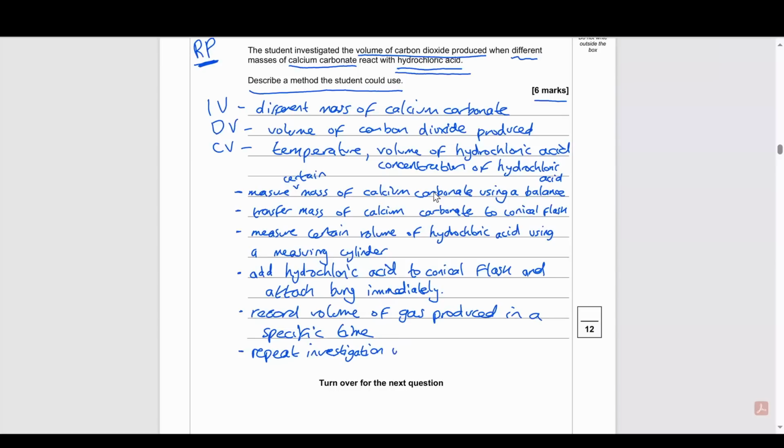So we could say repeat investigation with same mass of calcium carbonate twice and calculate mean.